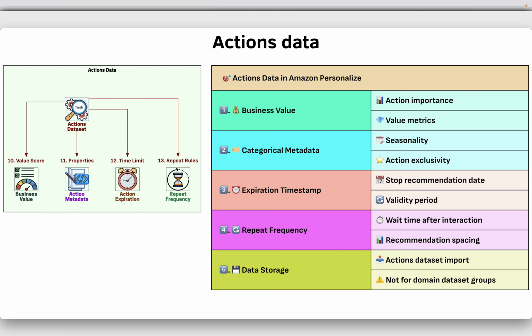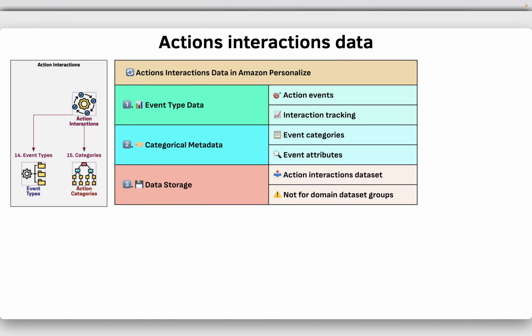You import data about your actions into something called an actions dataset. You cannot create next best action resources, including actions and actions interactions dataset, in a domain dataset group. This is specific to how Personalize works, something very specific to the service.